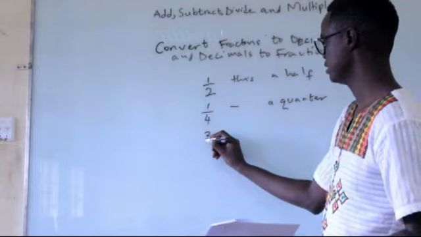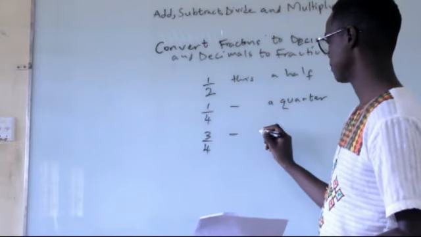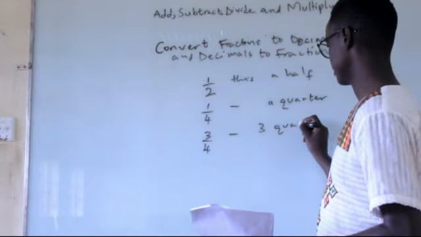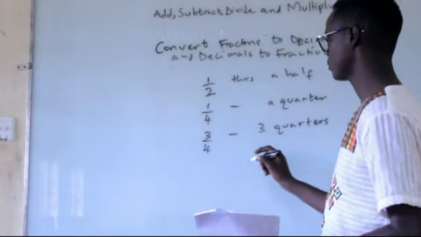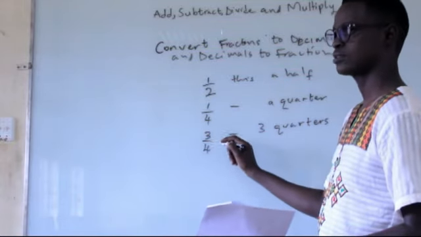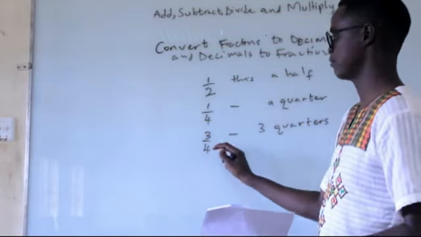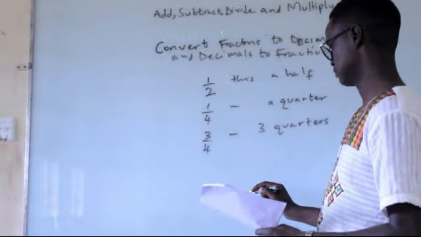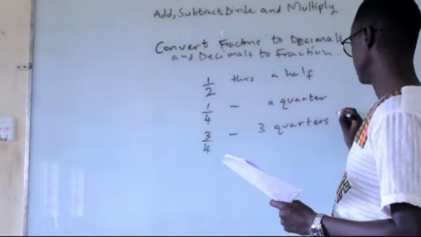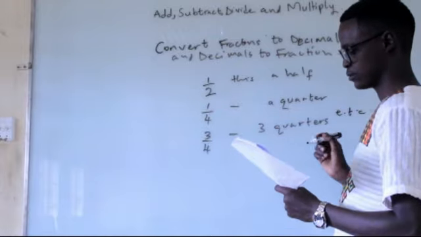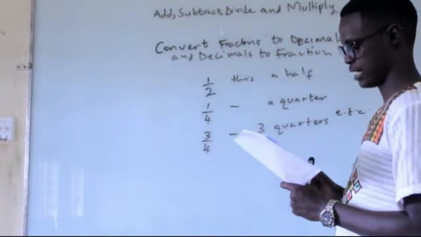Next, we have 3/4, which implies 3 quarters because we are talking about 3 equal parts out of the 4 available parts. These are the names given to some of the fractions that we have.